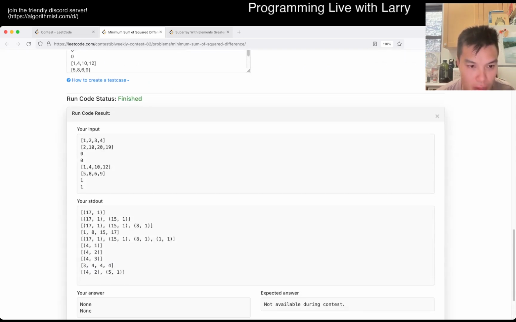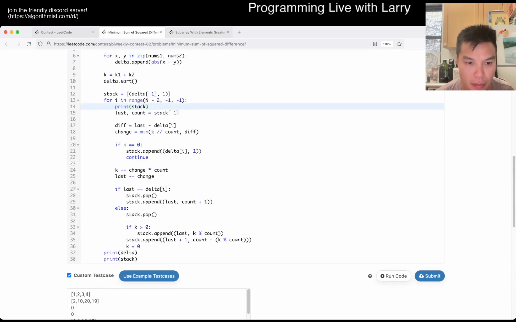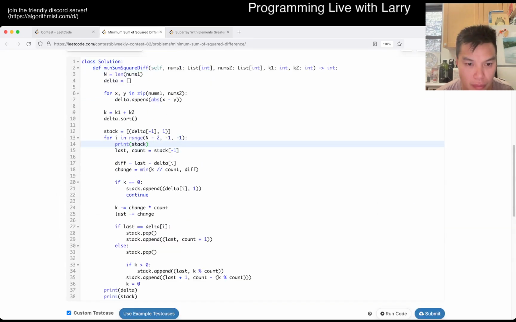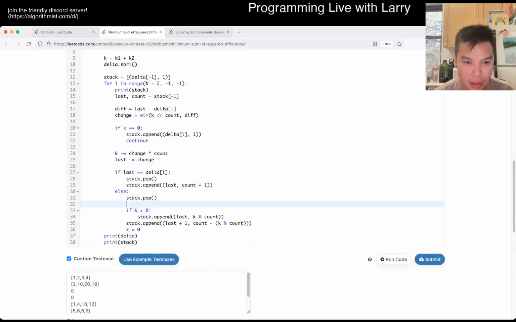1, 4, 2, 4, 3. Okay, and then now we see the 3, the 3. I see. So that means that we have K left. Get 4, 3.